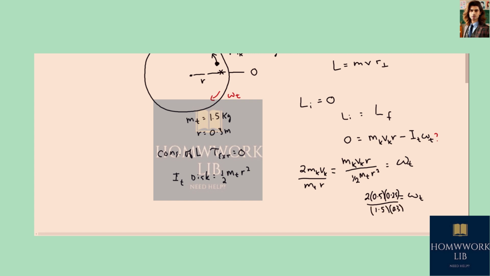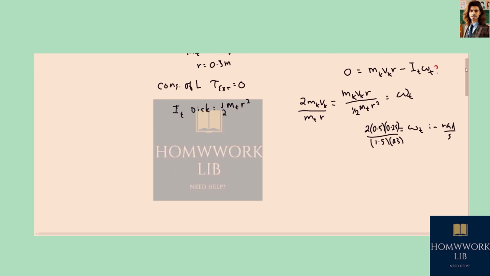And the units should be in rads per second. Radians per second is the natural unit for angular velocity. But we can convert to other forms as needed.